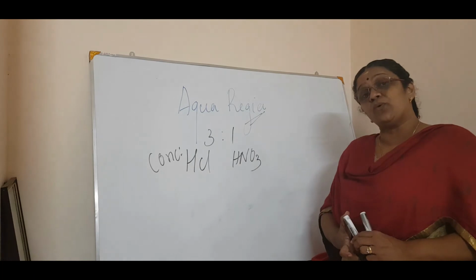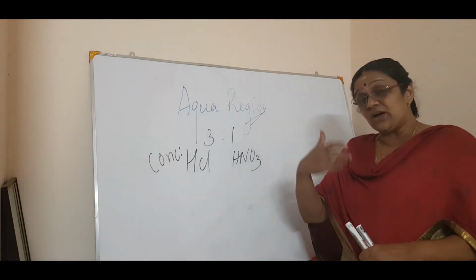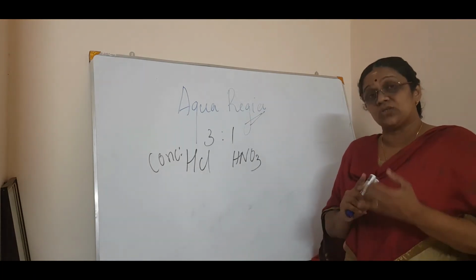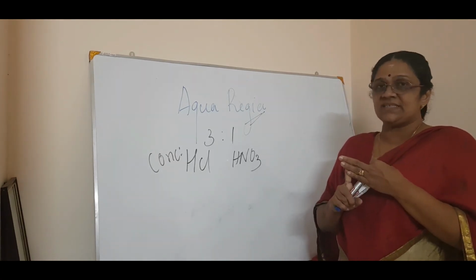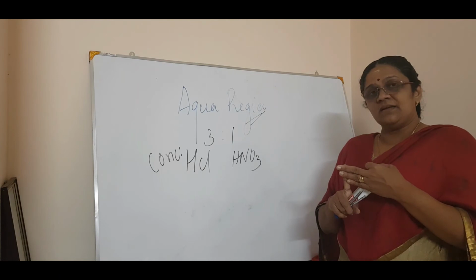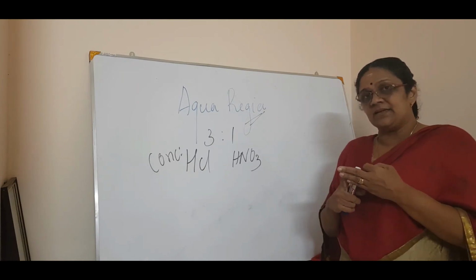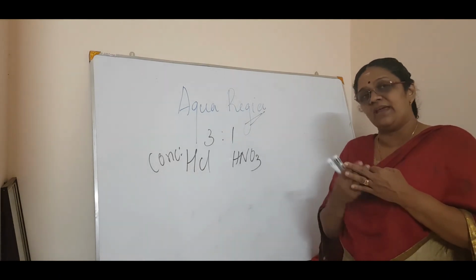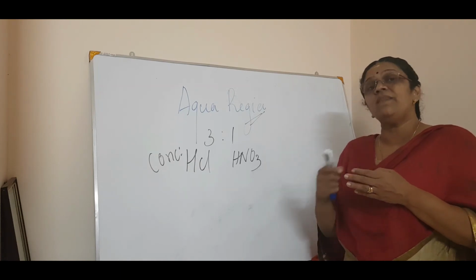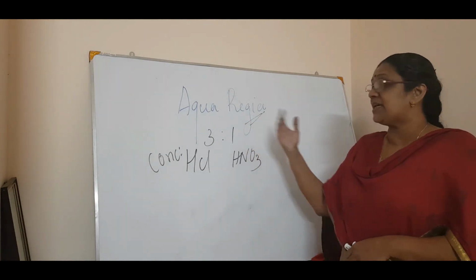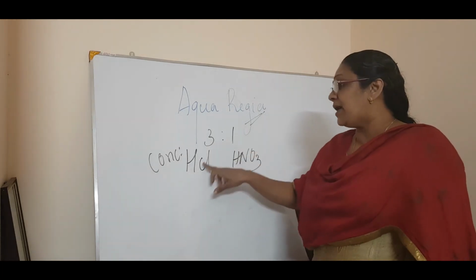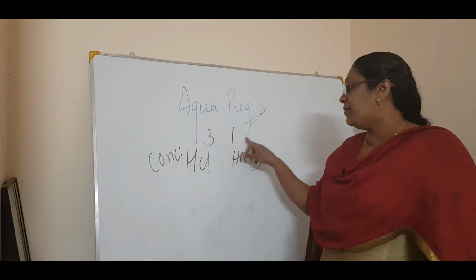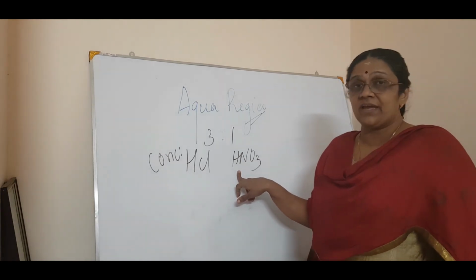What is the use of aqua regia? In order to dissolve the noble metals like gold, platinum, silver, etc. These are inert metals, which do not react with other reagents. So in order to dissolve or react those metals, aqua regia is prepared. Aqua regia is nothing but 3 parts of concentrated HCl to 1 part of concentrated nitric acid.